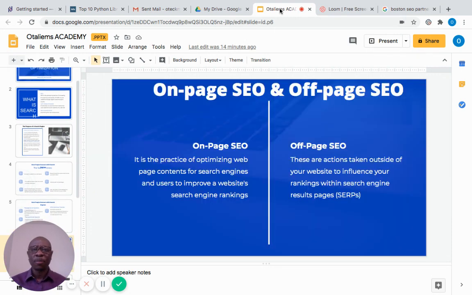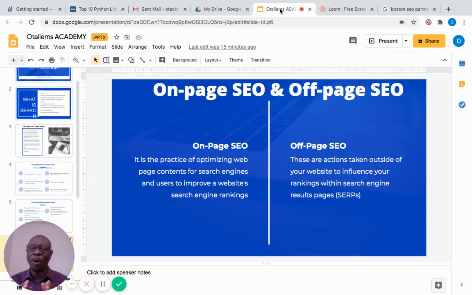So let's go to search engine optimization. We're going to look at it in two different ways. It's actually divided into two different perspectives. One is on-page SEO, and the other one is off-page SEO. It's as simple as the name sounds.